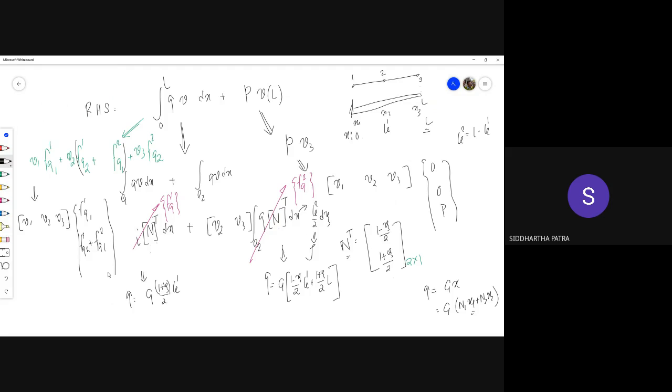Now, when I say components, do not confuse them with x and y components. They are not Cartesian components. It's not as if one is along the x direction and two is along the y direction, because we are solving a uniaxial problem where there is only the x direction. These only correspond to two nodes of a given element or two degrees of freedom of a given element.